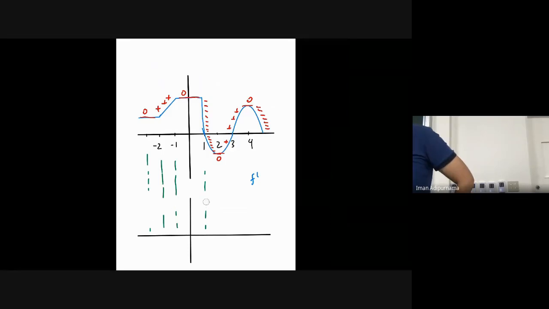From the left side of -2, it's still having 0. But it's pointy, right? So I need to have a hole here.